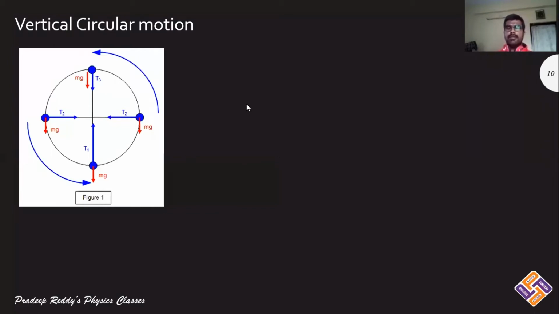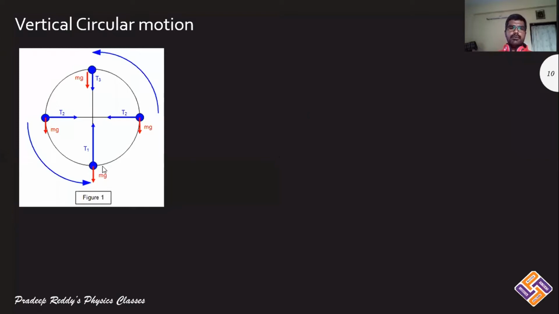Students, in the previous video lecture, we have learned how a particle will execute vertical circular motion. In vertical circular motion, velocity magnitude and also velocity direction change continuously with respect to time.